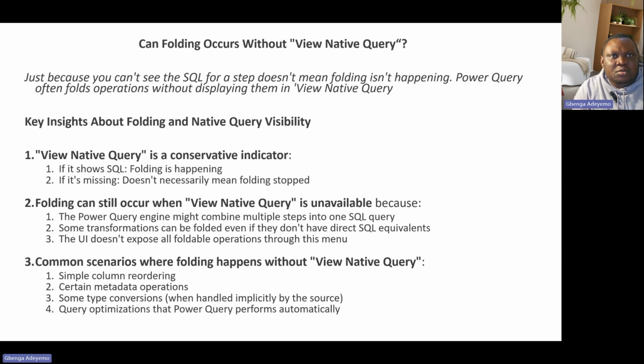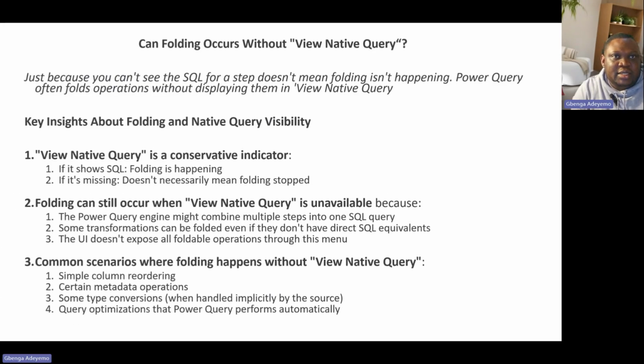But sometimes, you know this view native query feature, when you right click on that transformation step and you see this view native query feature, you assume that yes, of course, that step that I applied is actually working, right? That means it's actually folding. It means that the source is processing it.